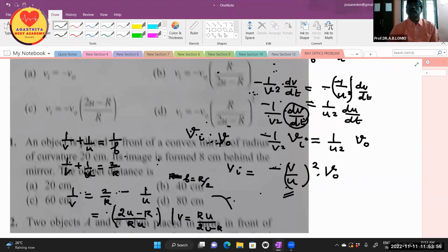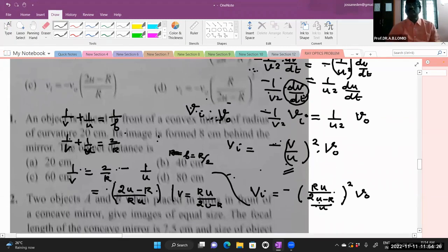Correct? Now substitute the value of v over here: minus v, which is ru divided by 2u minus r. Already the v is going to come in the denominator, so it is minus v divided by u whole squared into v naught.